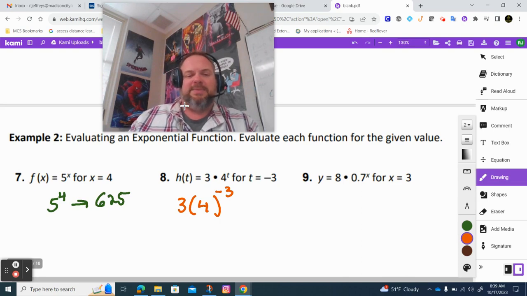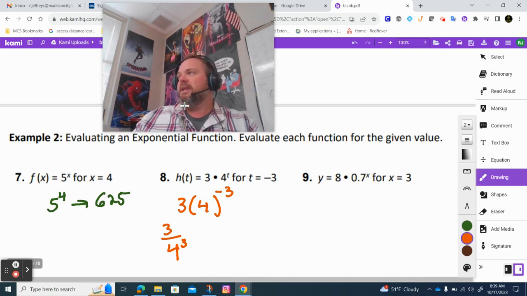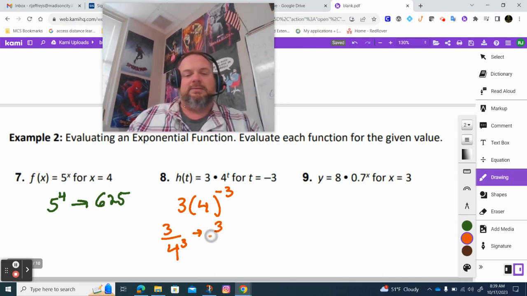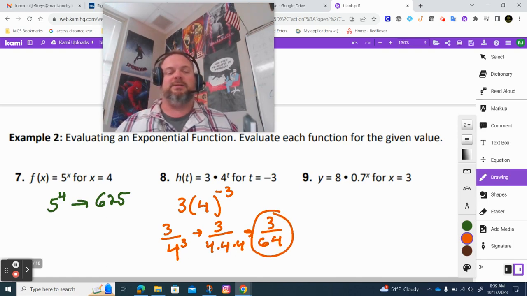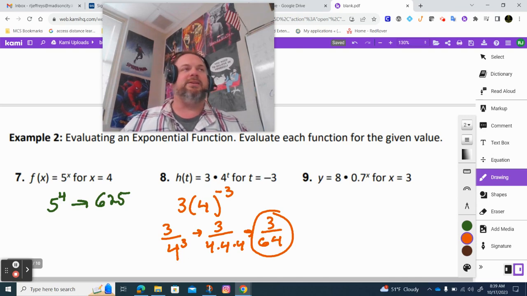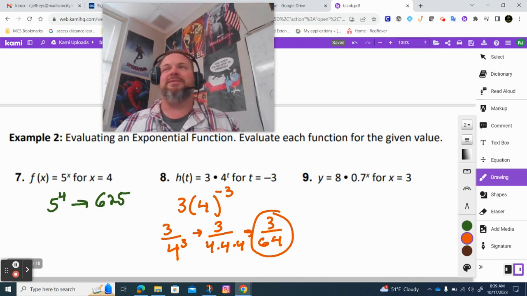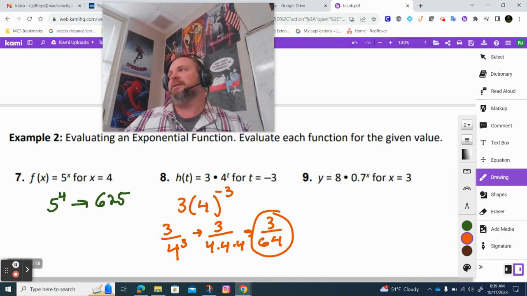Basically, this is the same thing as saying 3 over 4 to the third, because remember, if it's negative, we put it in the basement, right? 3 over 4 times 4 times 4, just 3 over 64. That's the long way to do it, or that's the way to explain it other than using the calculator. Some people need a little bit more foundation to go on other than the calculator says so, because everybody's like, the calculator gave me a wrong answer.